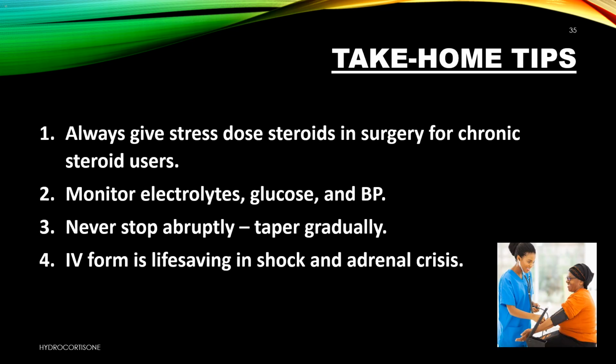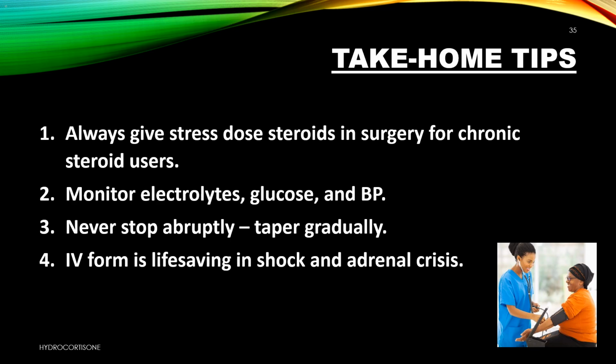Take-home tips on hydrocortisone use. 1. Always give stress-dose steroids in surgery for patients on chronic steroid therapy to prevent adrenal crisis and ensure adequate glucocorticoid coverage during surgical stress. 2. Monitor electrolytes, glucose, and blood pressure in patients taking hydrocortisone, as the medication can affect these parameters and require adjustments to treatment. 3.